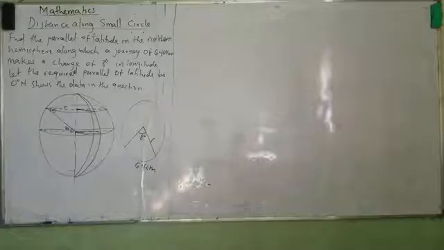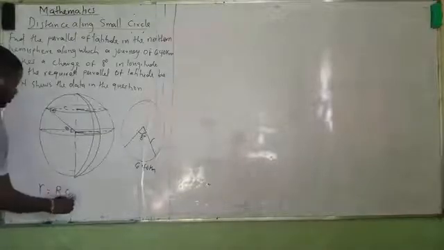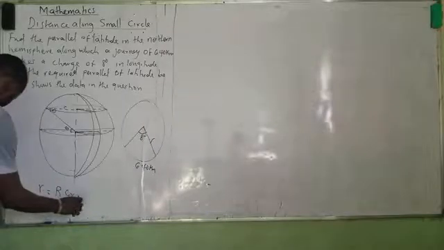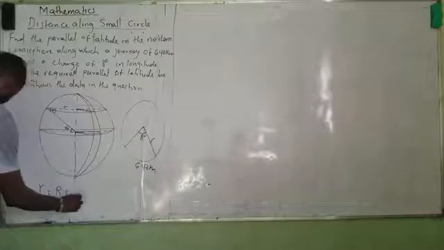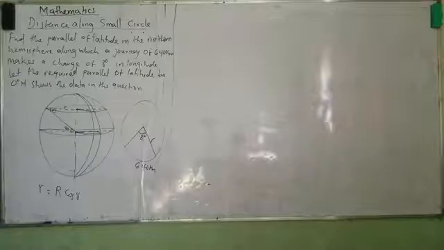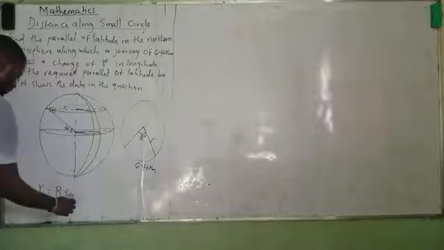By so doing that, I can say my small r equals to big R cos 8, no, I can't say that, it means cos alpha.